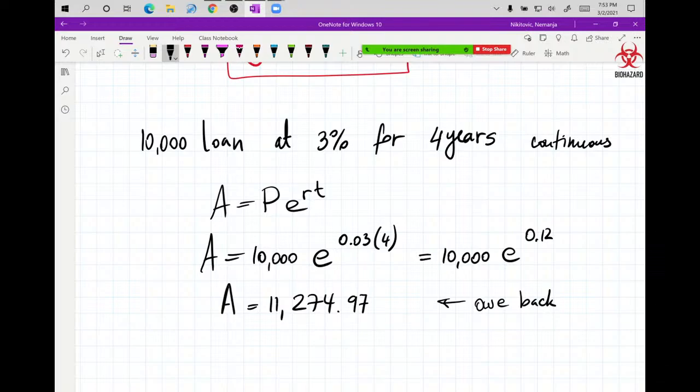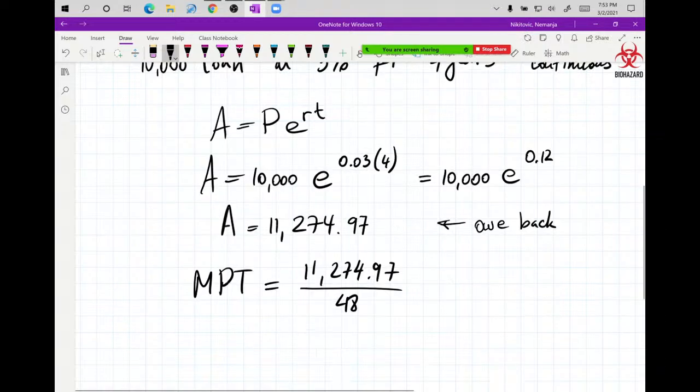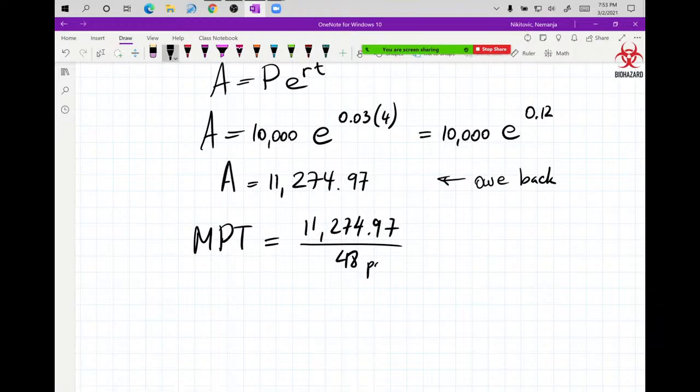Well, that's easy, right? You have 48 payments in 4 years. So the monthly payment, MPT, is going to be $11,274.97 divided by 48 payments. And that is another calculation that you get to do.